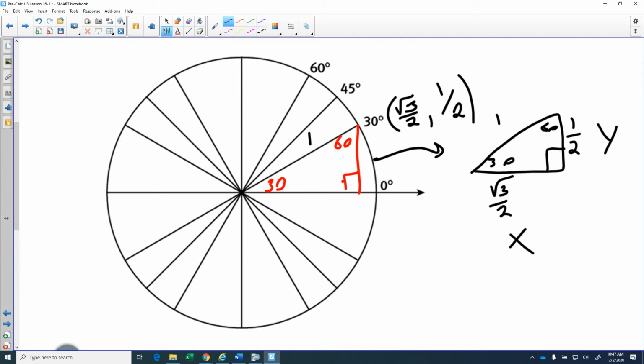So at 30 degrees, that is the coordinate that references that. The x value is going to be square root of 3/2. The y value is going to be 1/2. Okay, because we have to assume a unit circle is basically a circle on a coordinate plane. Now, let's just say I referenced a different triangle. Okay.